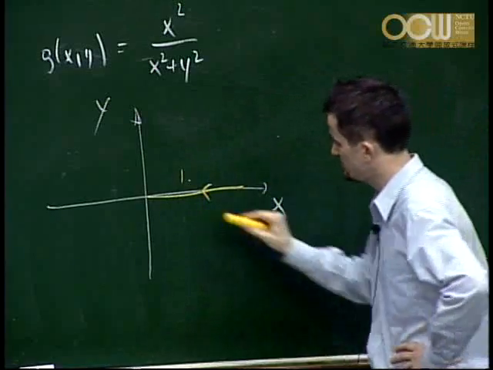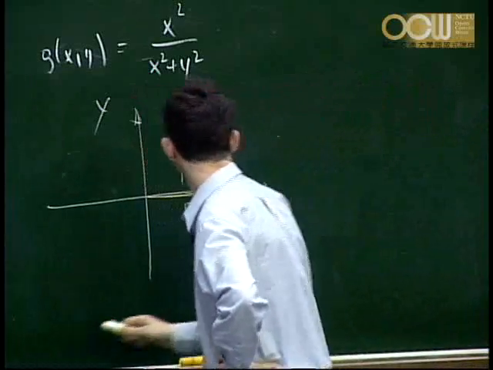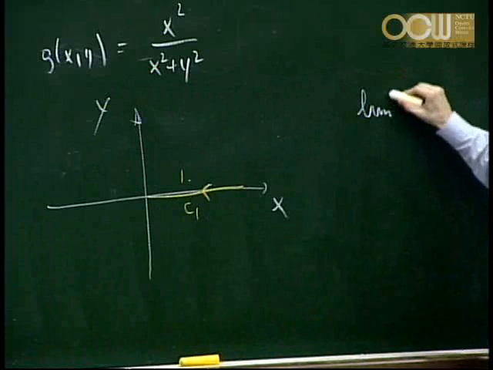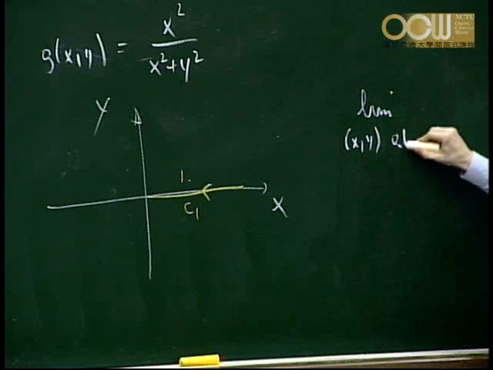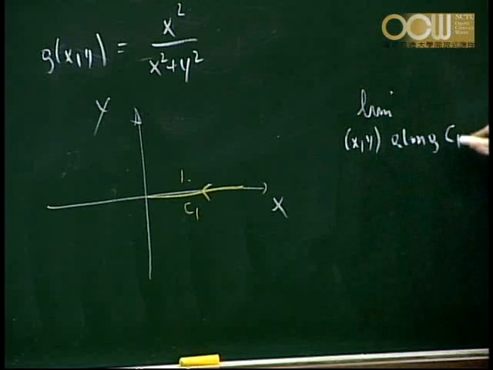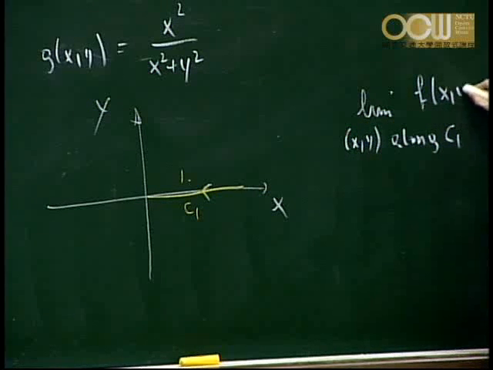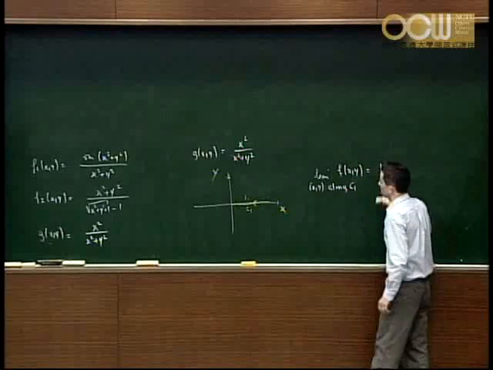So call this C1. So the limit as (x,y) goes to 0 along C1 of f(x,y) is equal to 1.